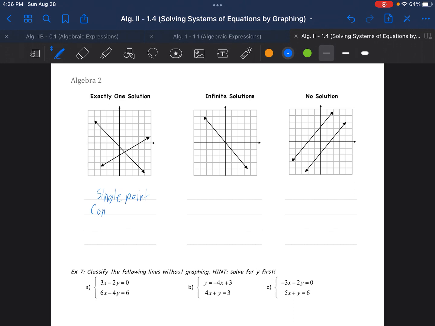The system is classified, I should say, as consistent because it has at least one solution. And then specifically, it is independent because it's only one solution. And then they have different slopes, aka the equations have to have different slopes.